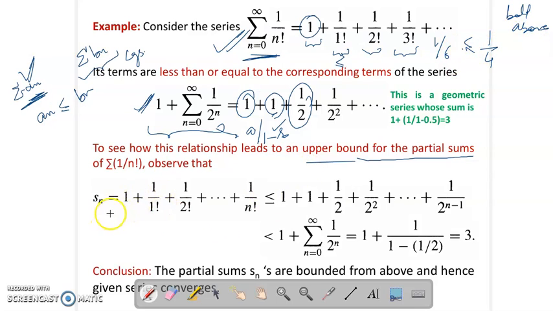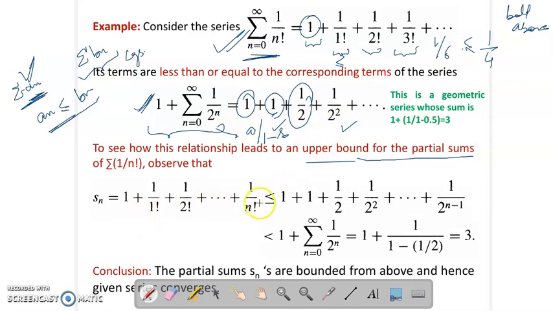Now see, the nth partial sum of the series at hand is 1 plus 1 by 1 factorial plus 1 by 2 factorial plus, and so on, up to 1 by n factorial. Now since each an is less than or equal to bn, this nth partial sum will be less than or equal to the corresponding nth partial sum of this series.